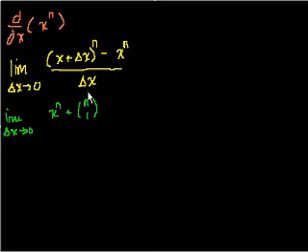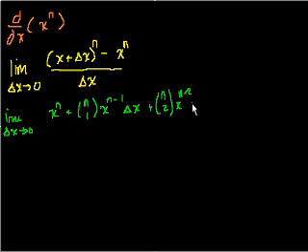And once again, review the binomial theorem if this looks like Latin to you. N choose 1 of x to the n minus 1 delta x, plus n choose 2 x to the n minus 2, delta x squared.